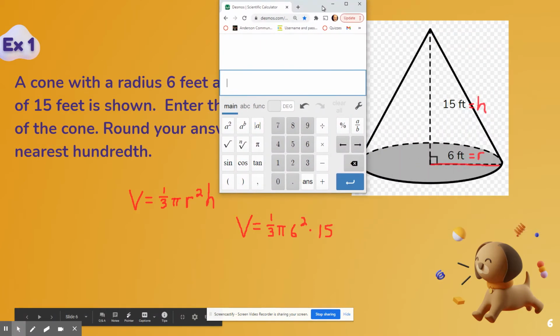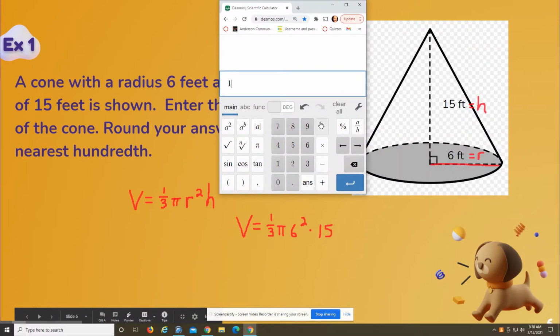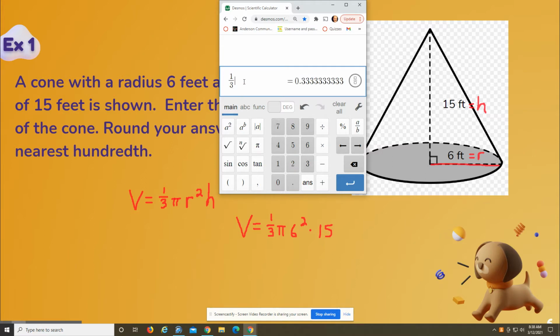So what you're going to do is type in 1/3 and then times pi. So we got the pi button here. And then we have 6 squared. So we hit times 6 squared. And then we have times 15.